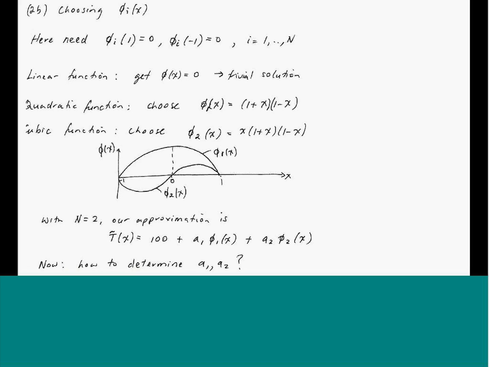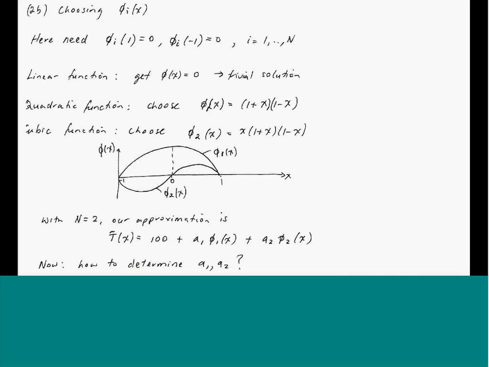And then let's also look at a cubic. So that's going to be our second one. And there are a variety of cubics we could choose, but let's choose the one that does x, 1 plus x, 1 minus x. And again, clearly if we substitute x equal minus 1 or x equal 1 in there, we're going to get phi2 equal to 0.